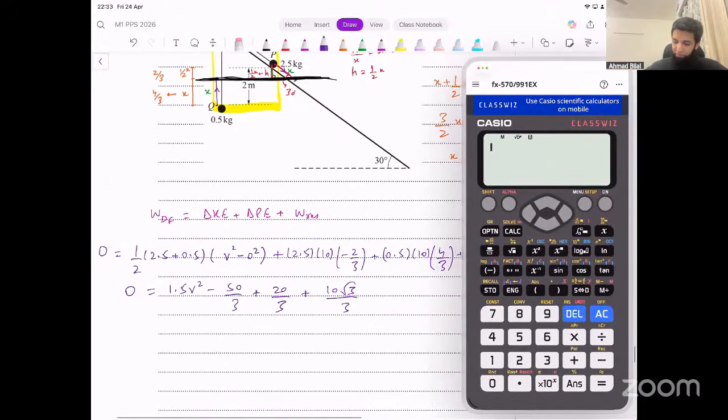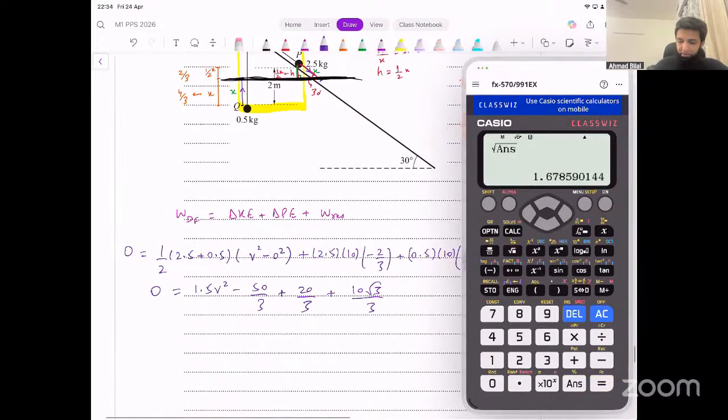Let's see what value of V we get from this. 50 over 3 minus 20 over 3 minus 10 root 3 divided by 3, divided by 1.5 on the other side, and then square root of that.